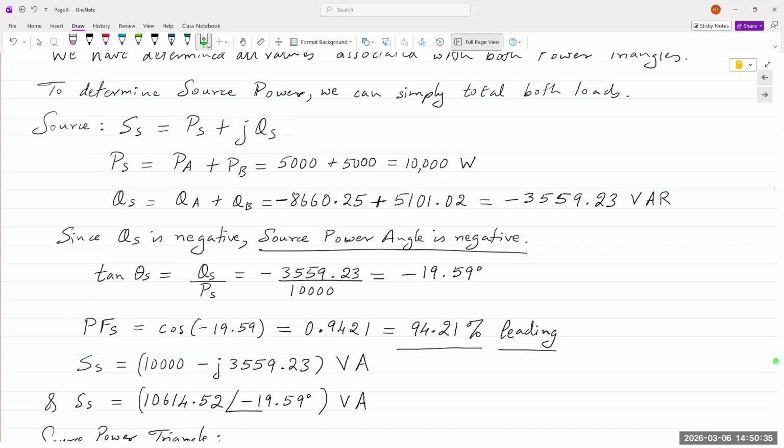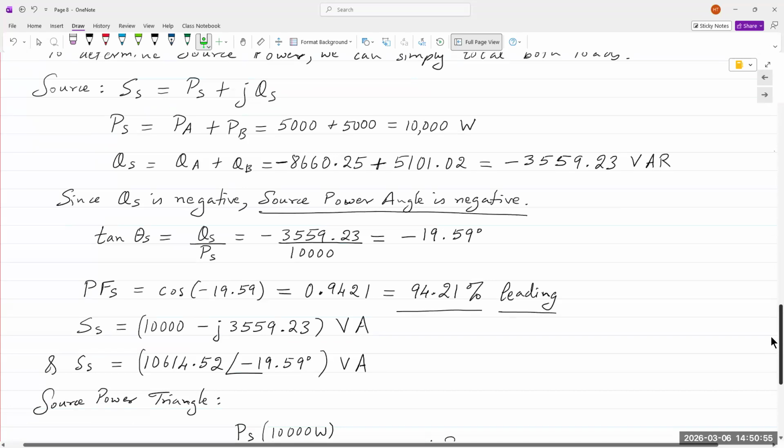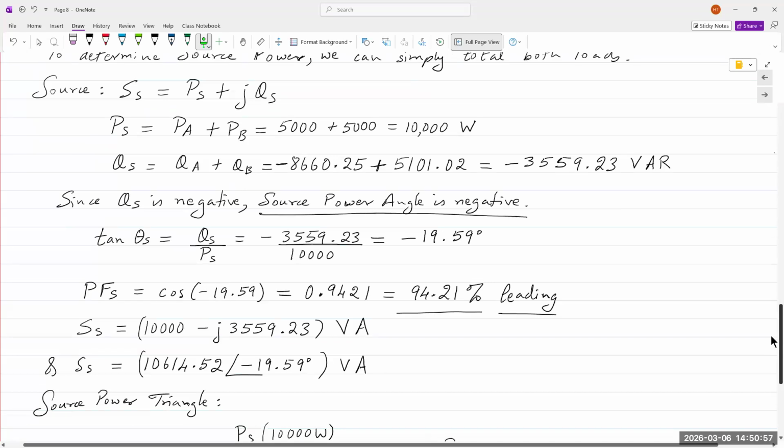PS for the source is PA plus PB, 10,000 watts. QS is QA plus QB, it's minus 8660 plus 51, so minus 3559.23 VAR. Since the total reactive power in the system is negative, means the power angle is negative.